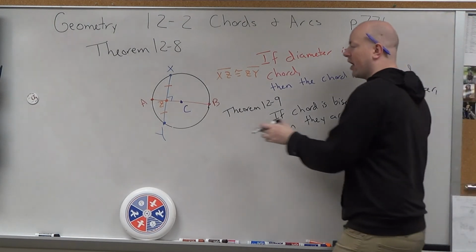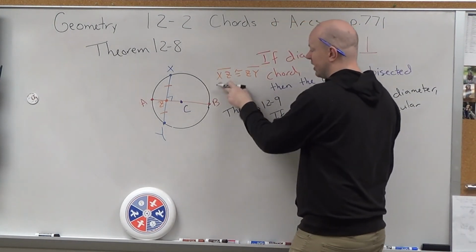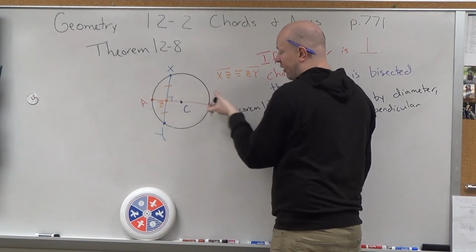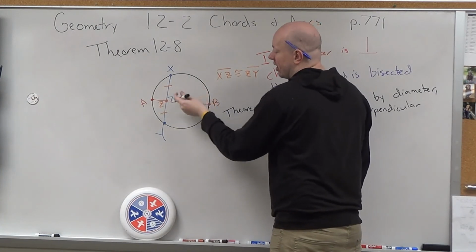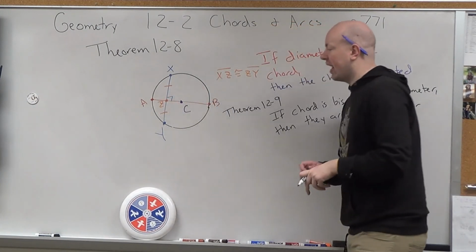So if I already have these XZ is congruent to ZY parts, and I know that AB is a diameter, then I get the right angle part.